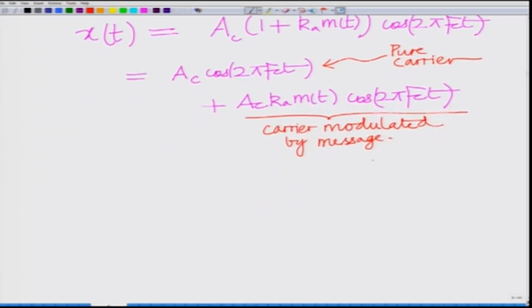Okay. So, let us now compute the power of the AM signal, that is x(t). Let us compute the power of each of these components separately and add them to get the power of the AM signal.